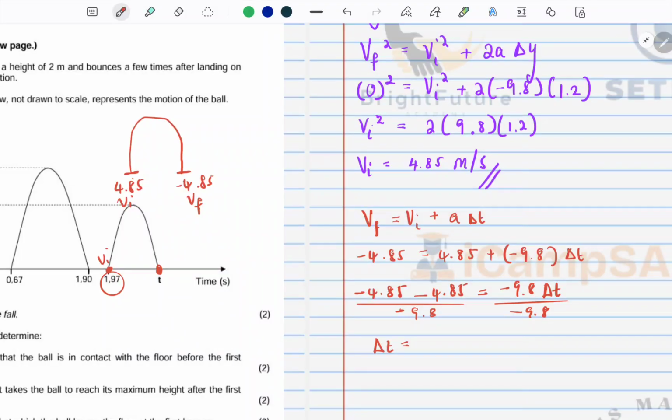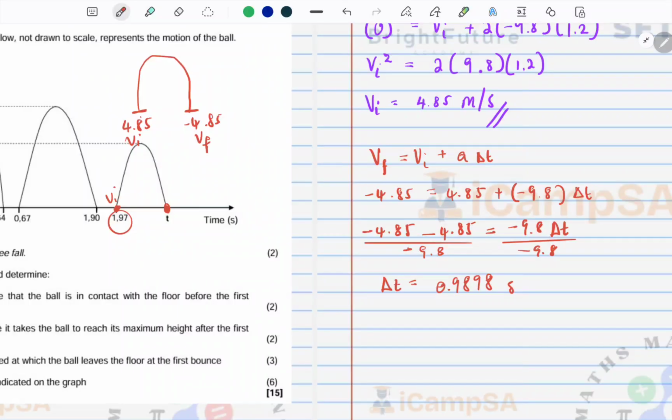For my delta t, I have 0.9898 seconds. You can already see for yourself that your 0.9898 is not greater than 1.97.